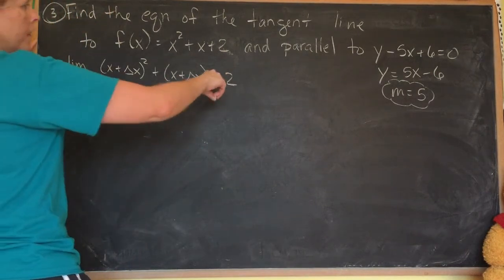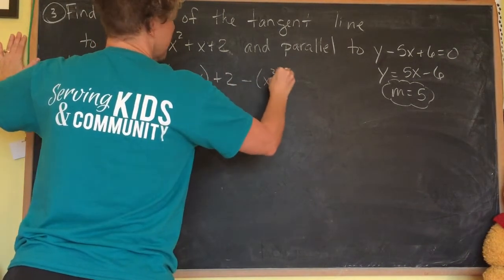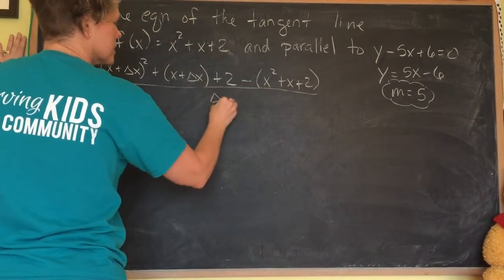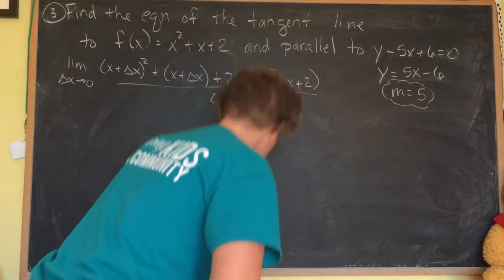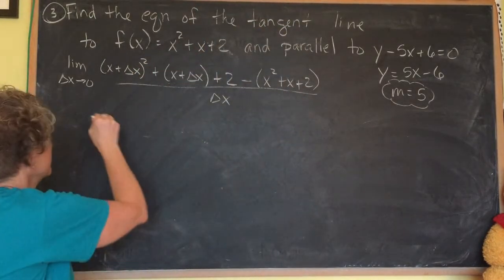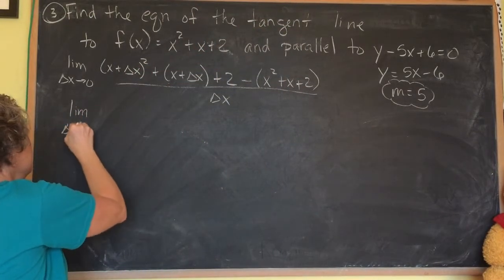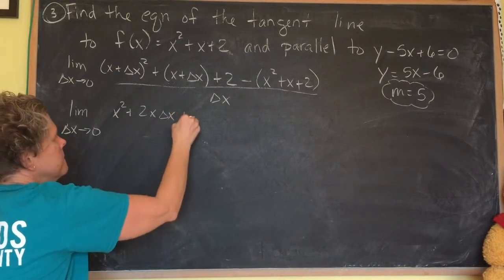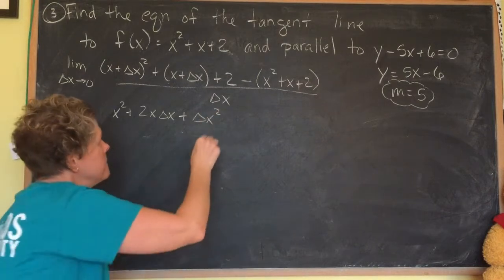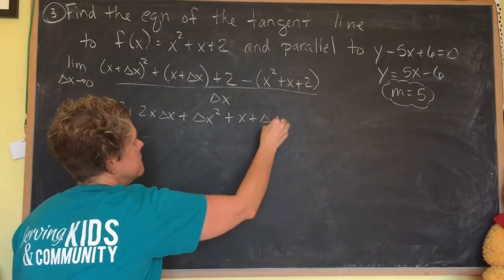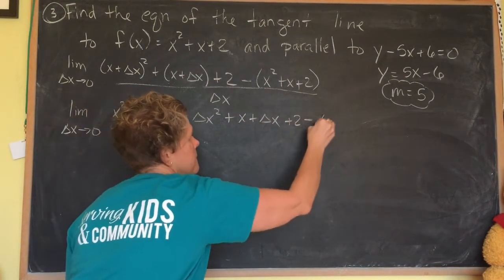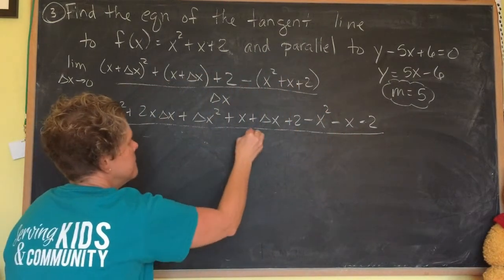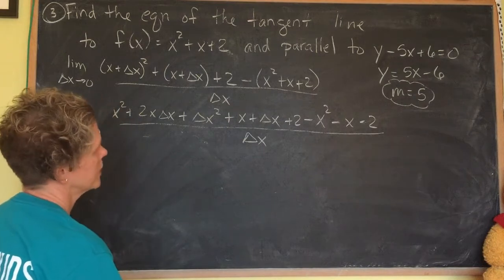Okay, hopefully still rolling there. Subtract off that function itself, all over delta x. All right, we get that kind of nasty step where we have to FOIL and distribute everything. All right, what cancels here?